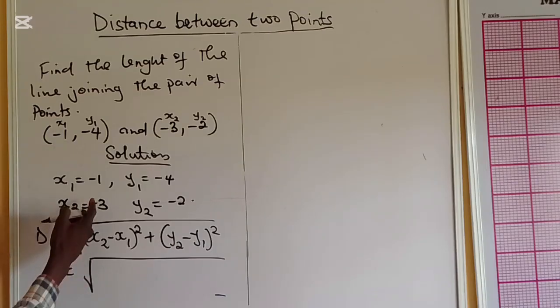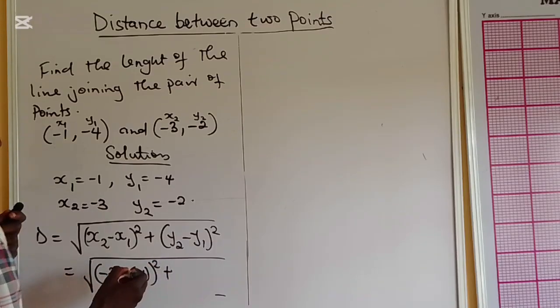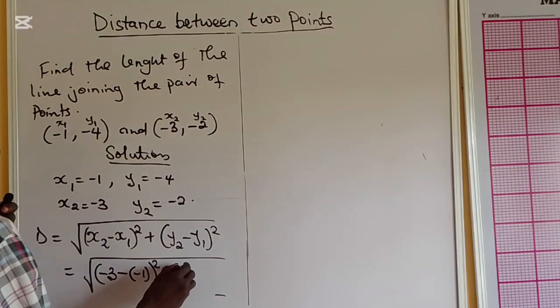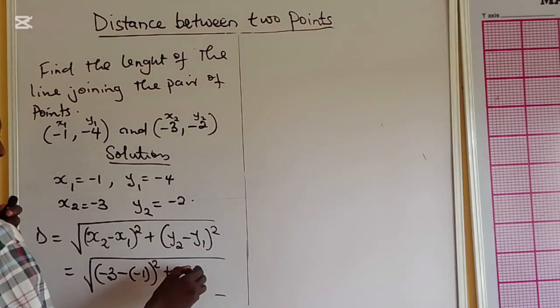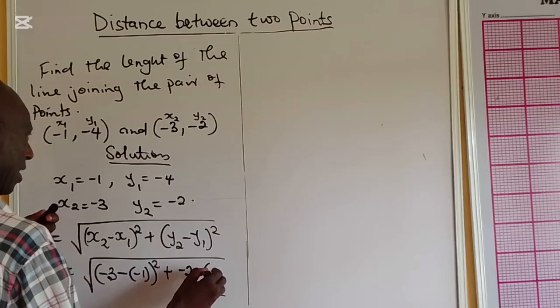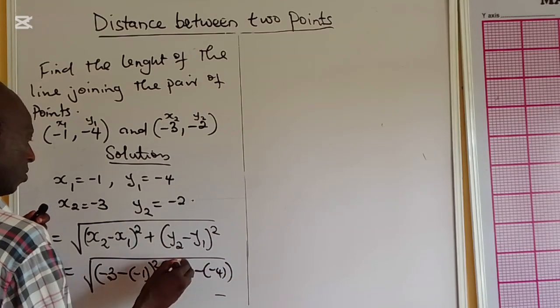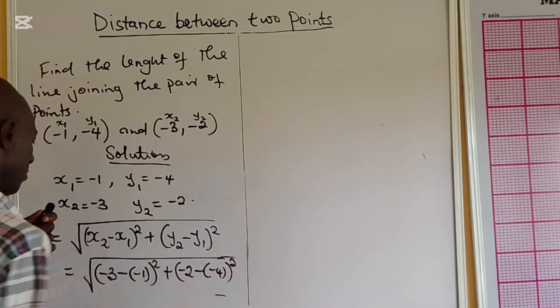Let's get our x2, which is minus 3, minus our x1, bracket minus 1, all squared, plus our y2, which is minus 2, minus our y1, bracket minus 4, all squared.